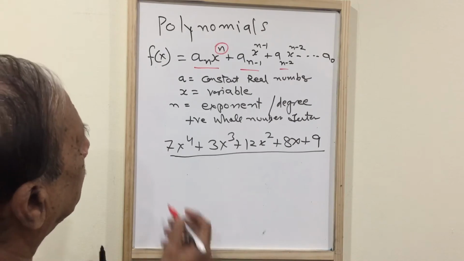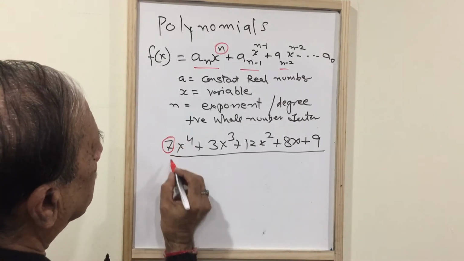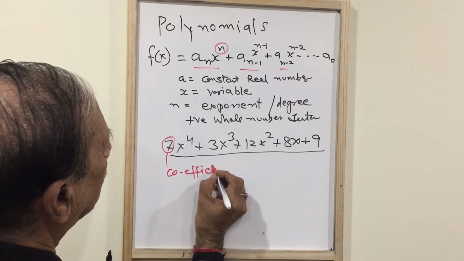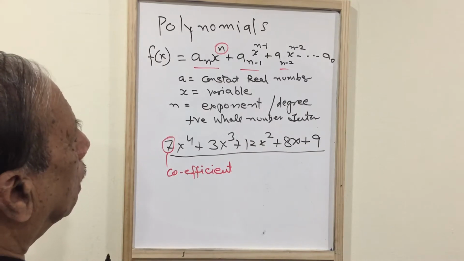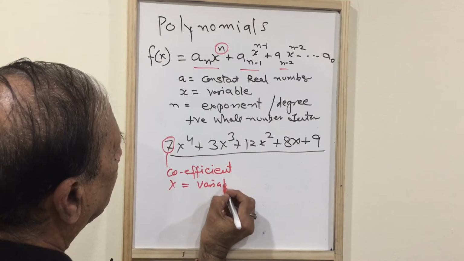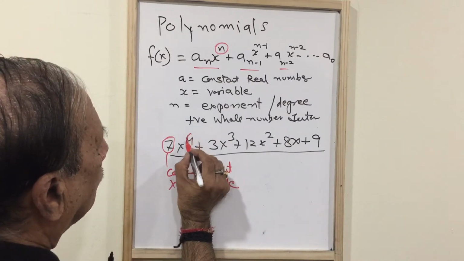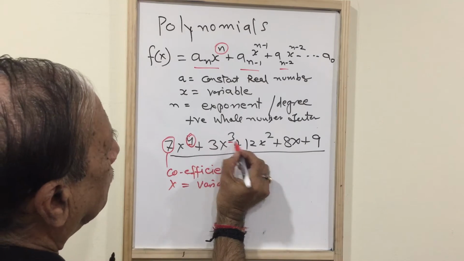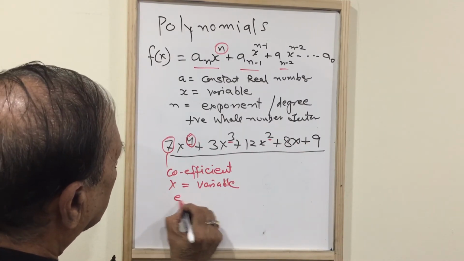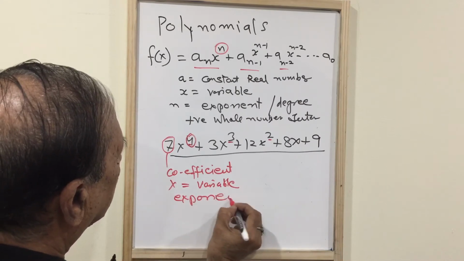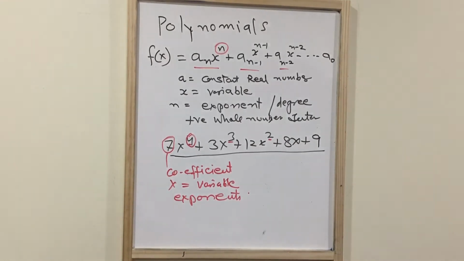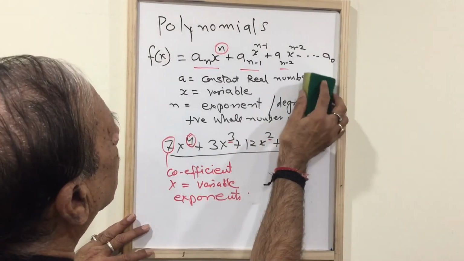In this equation, this 7 here is the coefficient of this polynomial. x over here is a variable, and these 4, 3, 2 are the degrees, or we'll call it exponent also. So further I'll discuss with this equation.